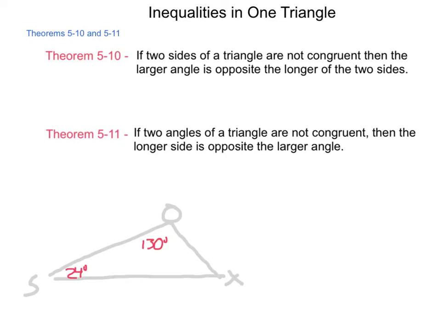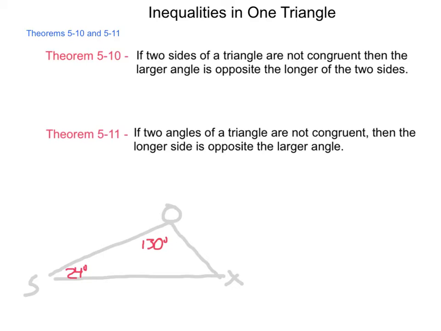So given the diagram that is shown here, triangle SOX, and the angle measurements that are stated, you need to put the side lengths in order from shortest to longest. First thing we need to do in this process will be to find the measure of angle X. Knowing our triangle angle sum theorem, the measures of all three angles have to equal 180.